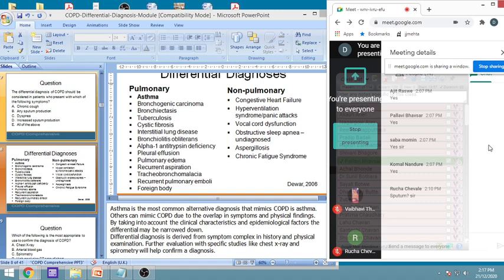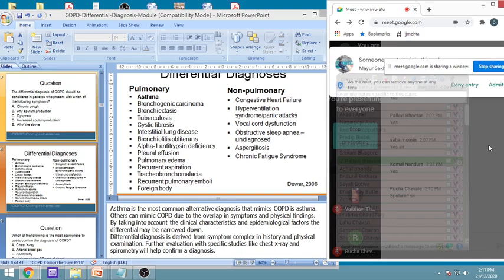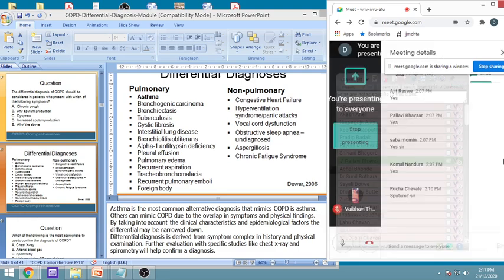Recurrent aspirations. Aspiration means something goes to the respiratory tract which should have gone elsewhere. If you remember, we have seen organophosphorus compound poisoning earlier, where secretions are there, and this secretion can go into the respiratory tract.